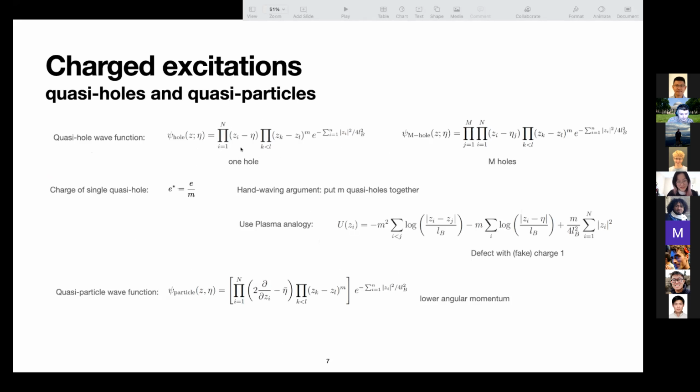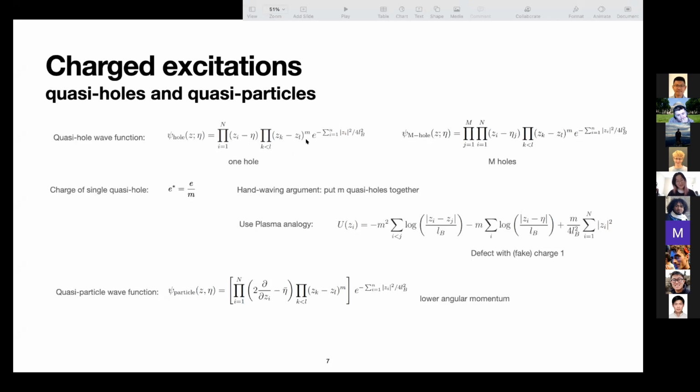So let's see if this makes sense. If I have one hole at position eta, this wave function does have vanishing amplitude when z approaches eta, so it looks fine.